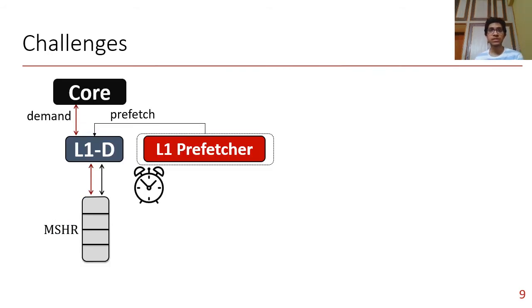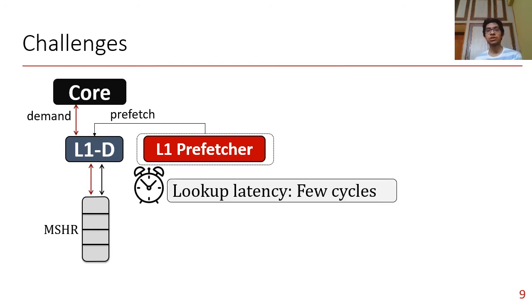Given all the benefits of L1 prefetching, there are certain challenges to be addressed. Firstly, the lookup latency at the L1 cache and consequently that of the L1 prefetcher has to be very small, in the order of a few cycles, or else the prefetch requests would be issued too late to be of any use. This means that the L1 prefetcher has to be extremely tiny.